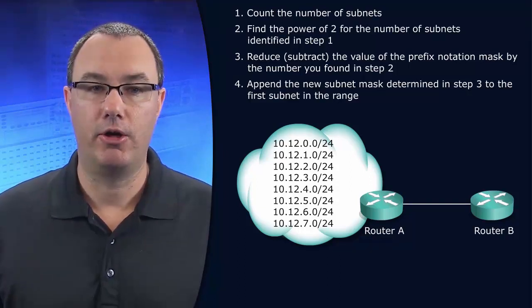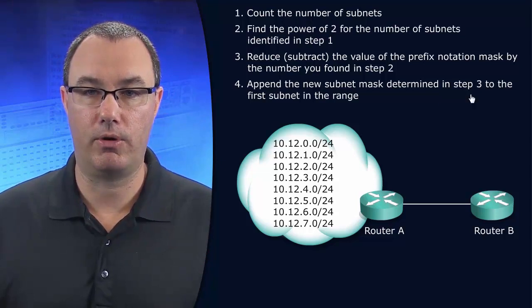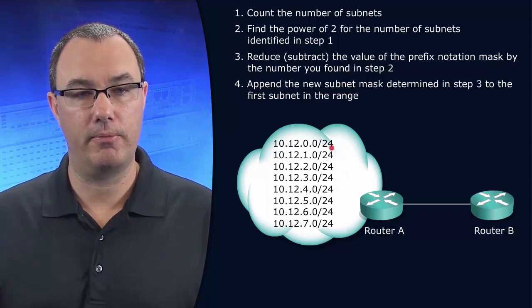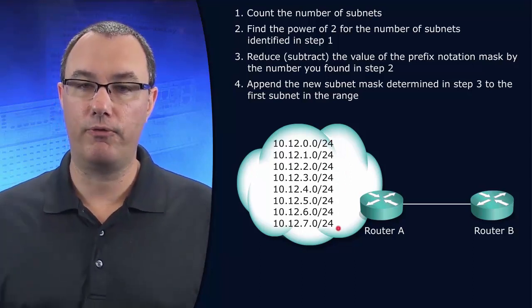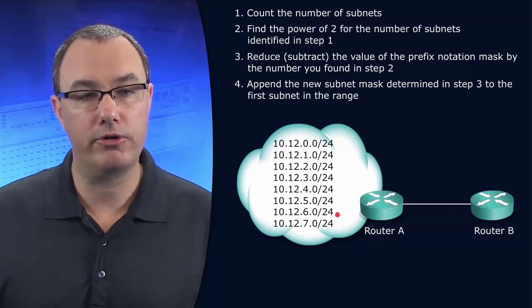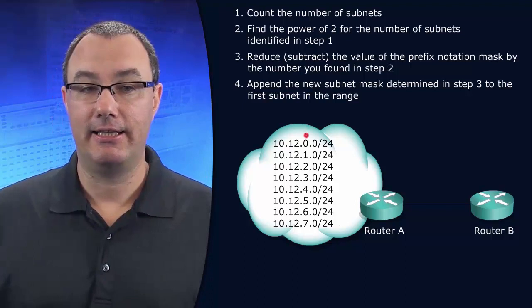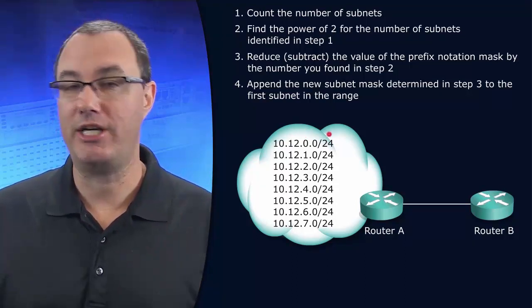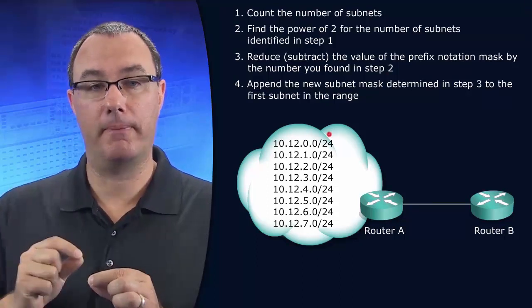So, we've got on the screen a number of networks that need to be summarized. How do we go about doing this? Well, first, what's our ultimate goal? Our ultimate goal is to take the first network that is in the summary range that we're summarizing and change the mask so that it is fewer in number.